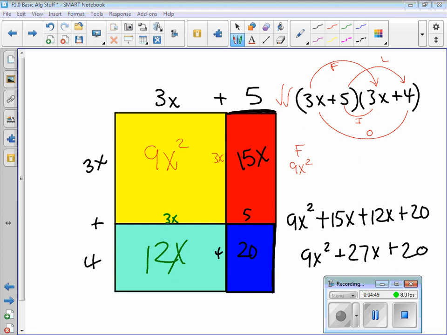So, of course, first, our 3x times 3x. The outer is going to be 3x times 4, which is 12x, plus the inner, which is 5 times 3x, which is 15x, and then the last, which is going to be 20.